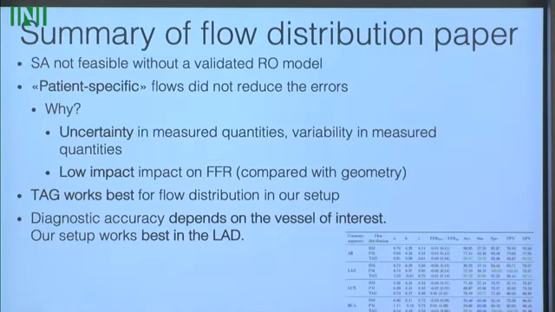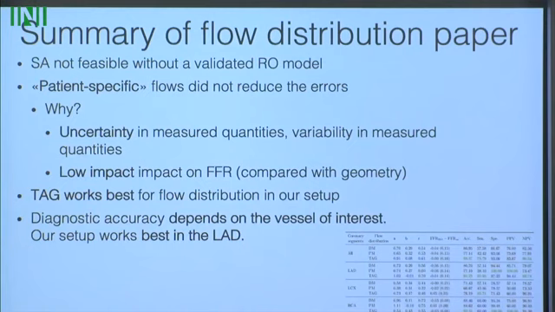Right. So in summary, for the flow distribution paper, first of all, it would not have been feasible without a validated reduced order model. And we found out that patient-specific coronary flows coming from ultrasonic measurements did not reduce the errors, which is surprising, as patient-specific should be something that improves the likelihood that you predict correctly, right?